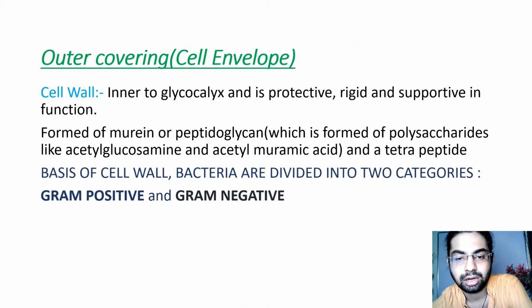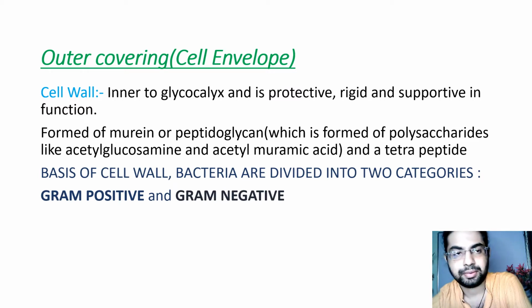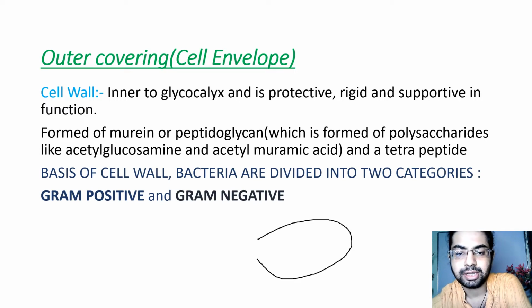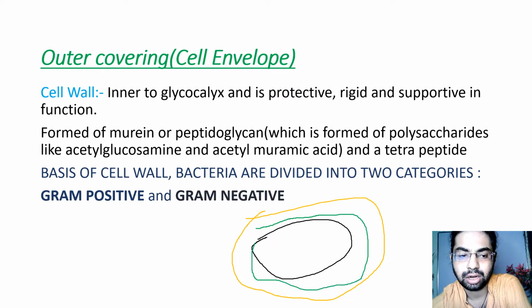Now the cell wall. If this is the bacteria, the outer slimy layer is the glycocalyx. Next to, or inner to, the glycocalyx is the cell wall.